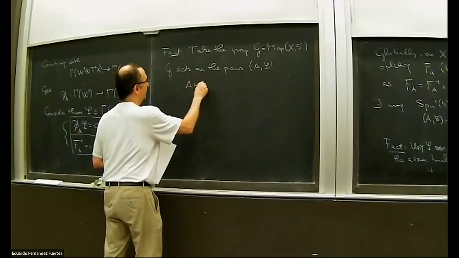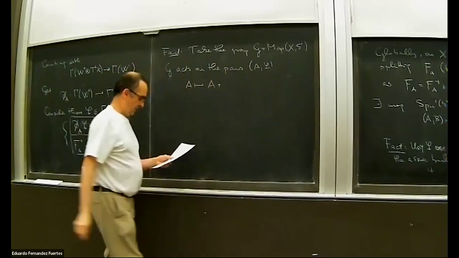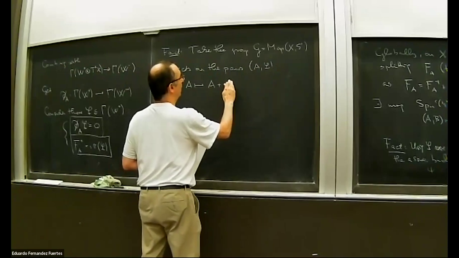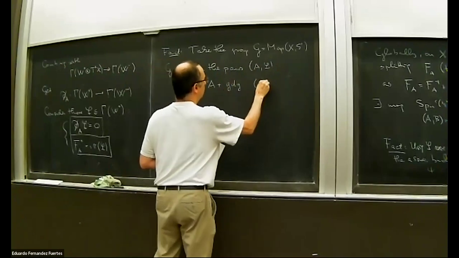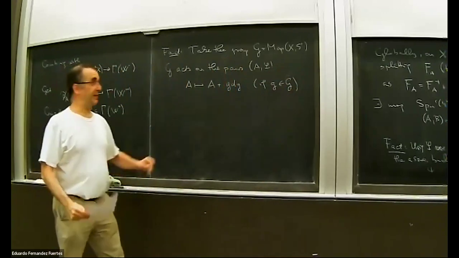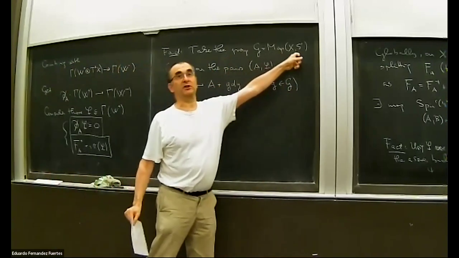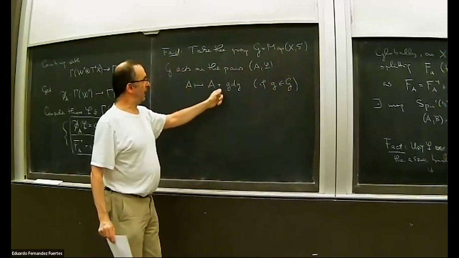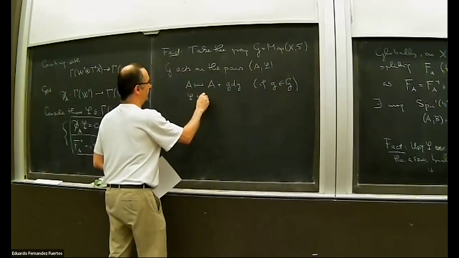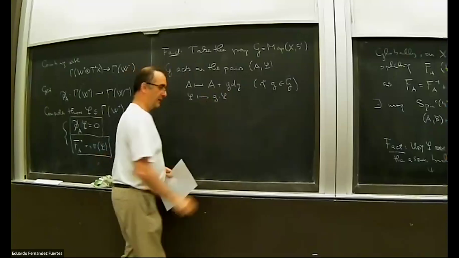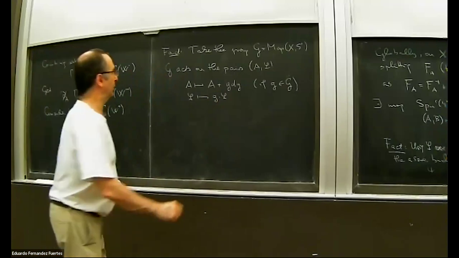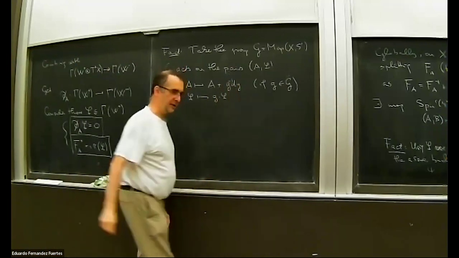A is a connection, so we can send it to A plus a one form, which is just G inverse dG if G is an element here. So we take the one form associated to this circle valued function, and phi should be sent to G times phi. Sorry, we have to have the inverse of G for one of them, yes.